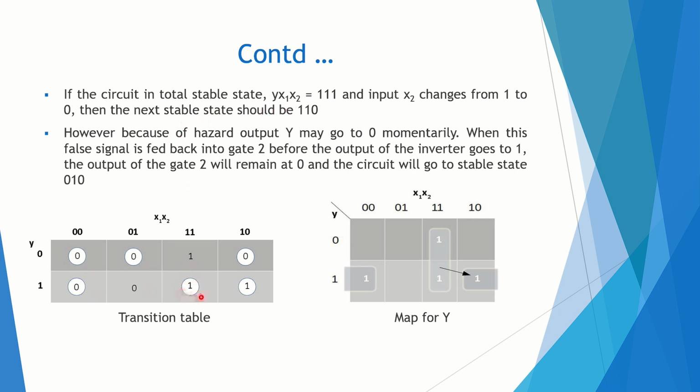Suppose the circuit is in this state, 1 1 1, where x1 x2 is 1 and y is also equal to 1. Then the input x2 changes from 1 to 0, that is, x1 x2 changes from 1 1 to 1 0. According to the map, when x2 changes from 1 to 0, it is at stable state 1, the output is 1, and that is fed back to the input gate.